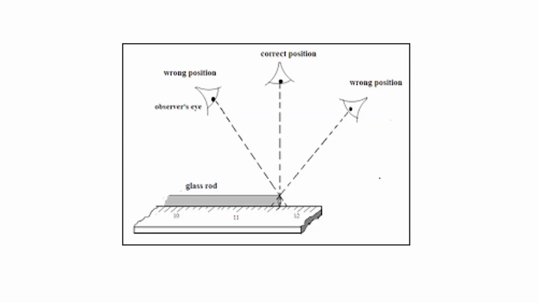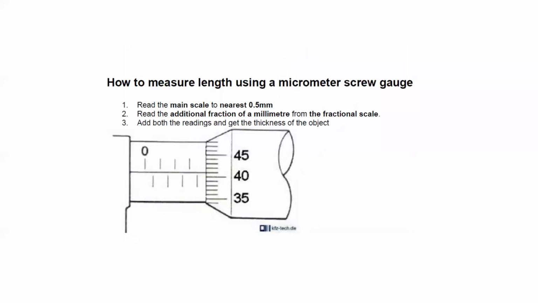Then the second apparatus which we can use is called a micrometer. You don't have to learn the labels of the micrometer. The only thing you have to understand is how you can read the value from the micrometer, which is an important factor, and practically how it can be used. The main thing you should know is that there are two scales on a micrometer.